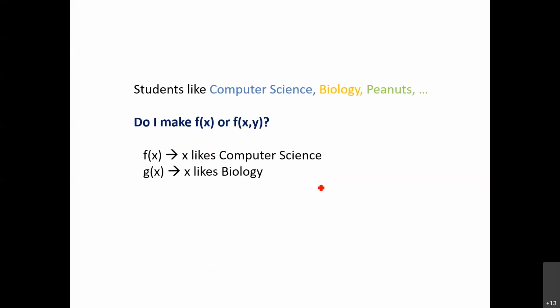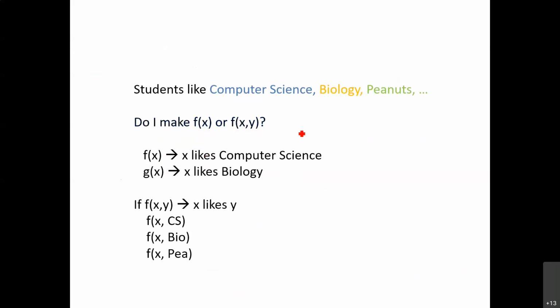We can introduce the idea of a predicate that takes two variables and then does something with them. So you have to ask yourself, hey, should I be using f of x or should I be using f of x, y? With more practice, you'll get an idea of what you want to do. So it'll be something like this. If f of x, y, then that means x likes y.